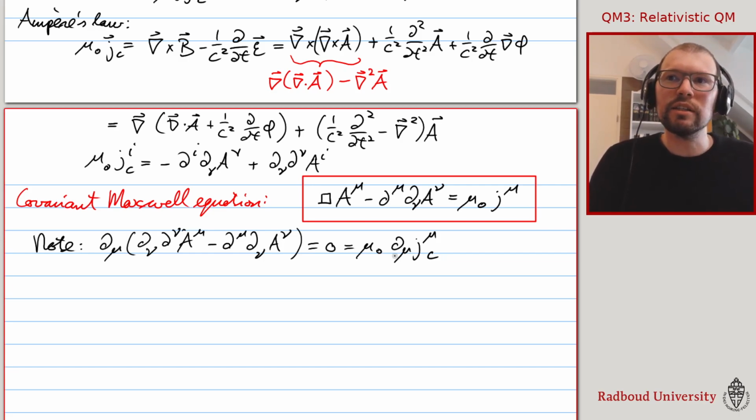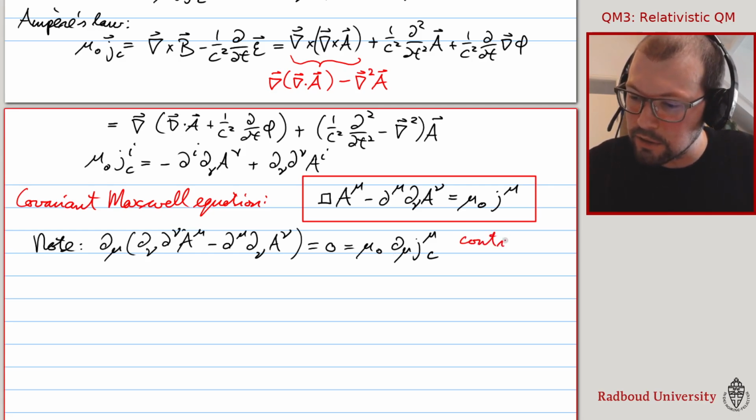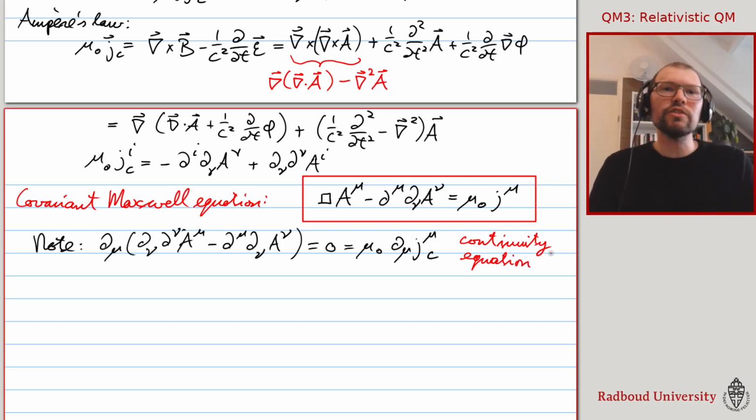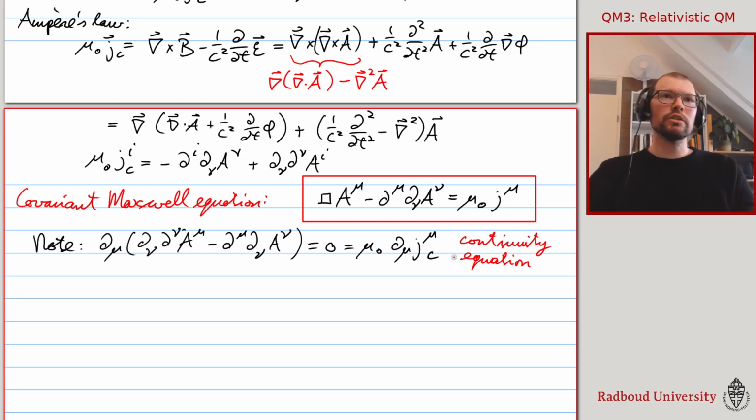Now this is exactly a continuity equation as we've seen it for the probability density, except now it's for the charge density. Which really says that there is conservation of charge in your system. Any change in the charge density has to be compensated by a charge current that moves the charge somewhere else.